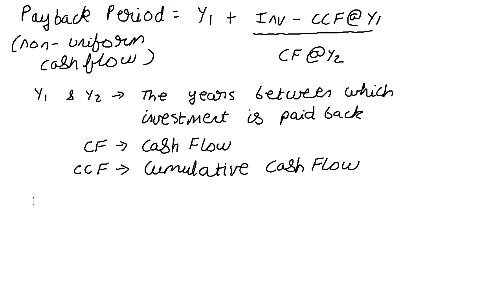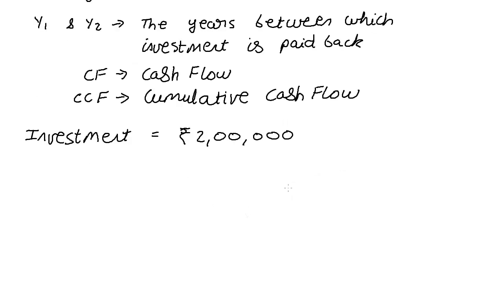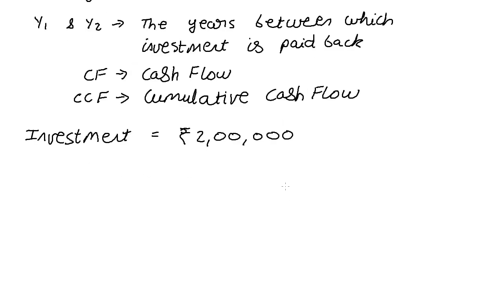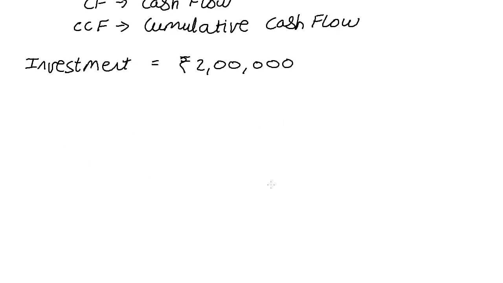Let's say you bought a machine or set up a project where the investment is going to be, let's put it at 2 lakhs this time around. So you made an investment of 2 lakhs, and over a period of a few years, you're going to be getting a return. I'm going to scroll down and we're going to make a table.